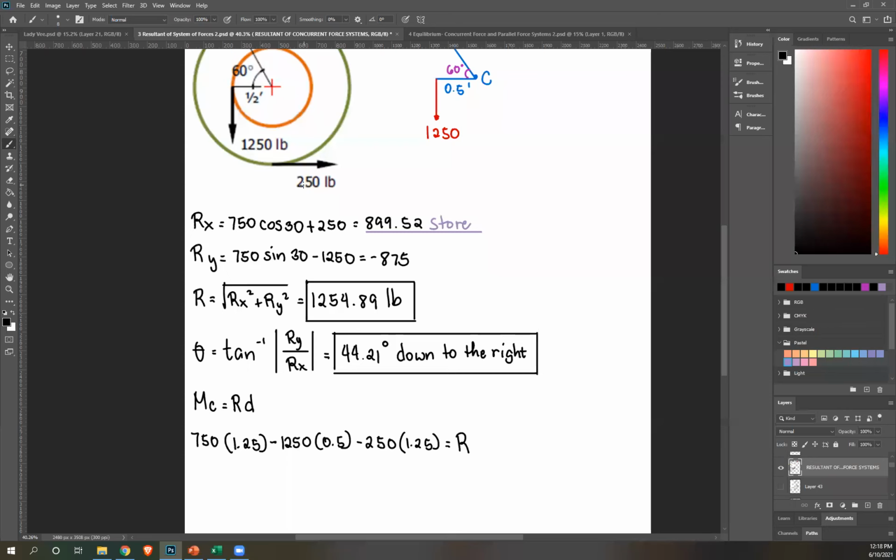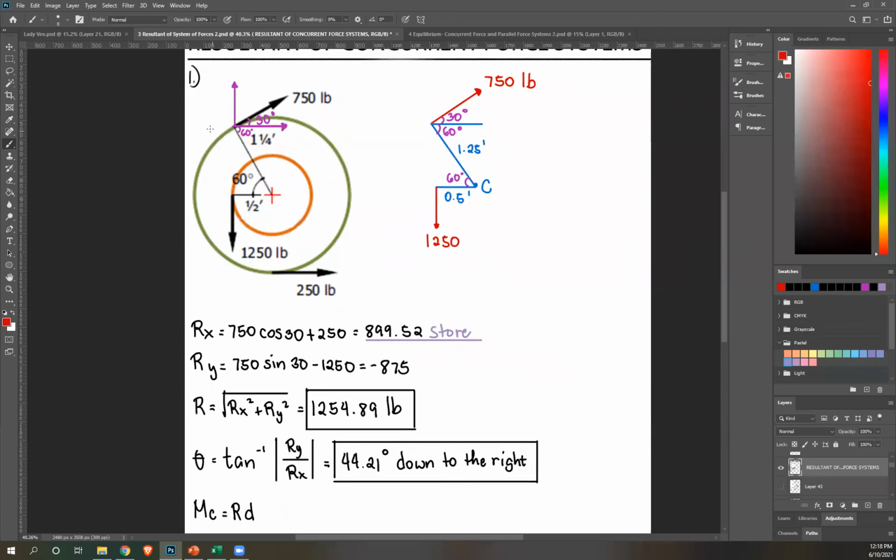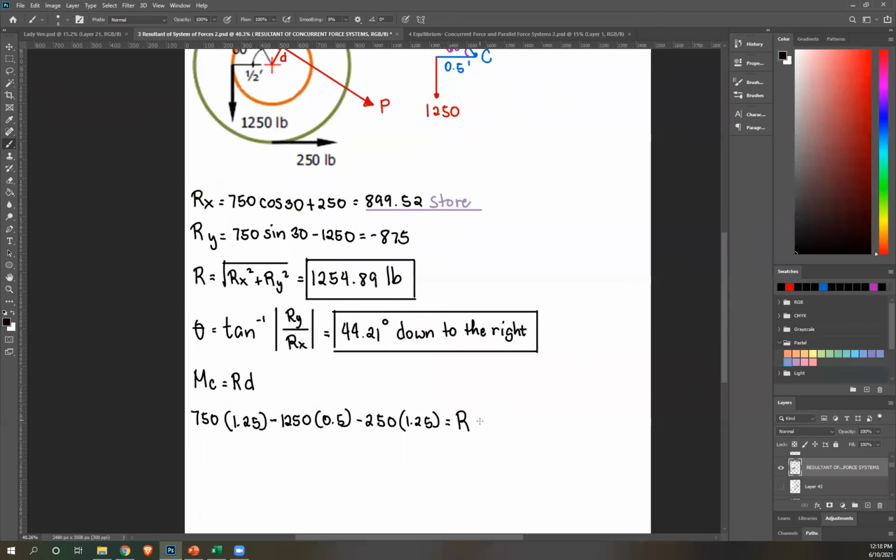And then D is what we're looking for. It's the distance from our reference point, so that's the distance from the center. Down to the right, again, I'm guessing it's above, and this is D. That's what we're looking for, for D. Then R is 1254.89.